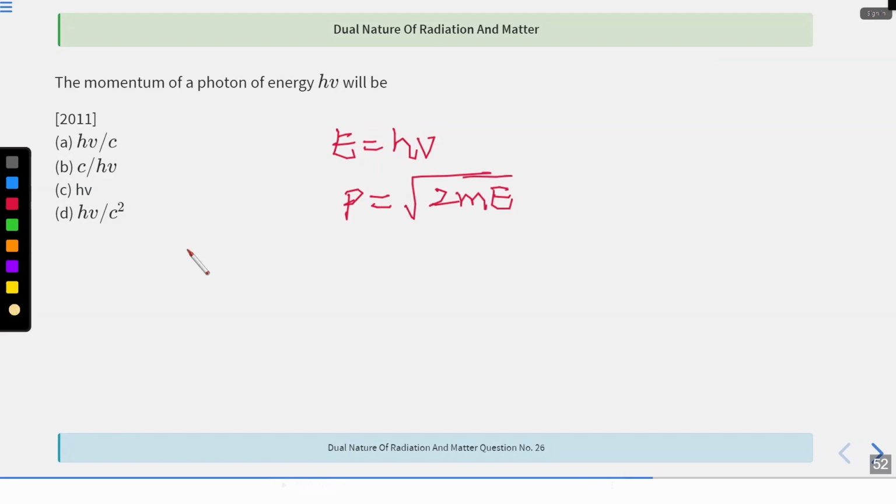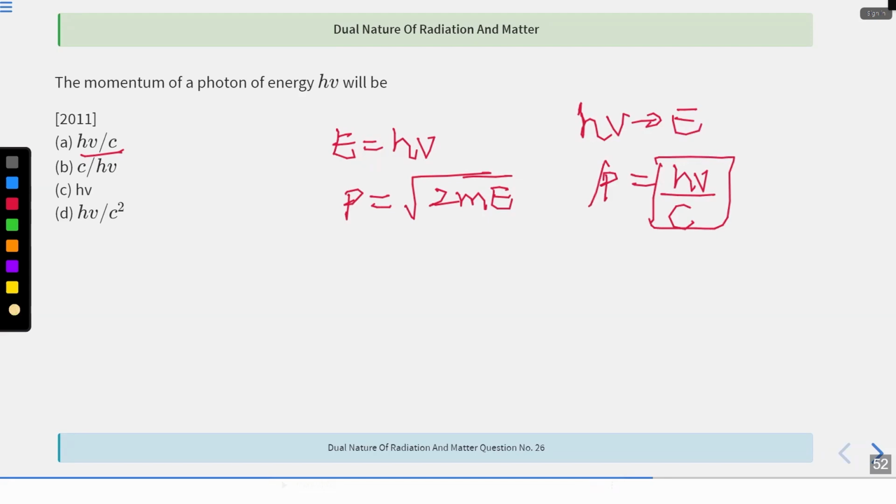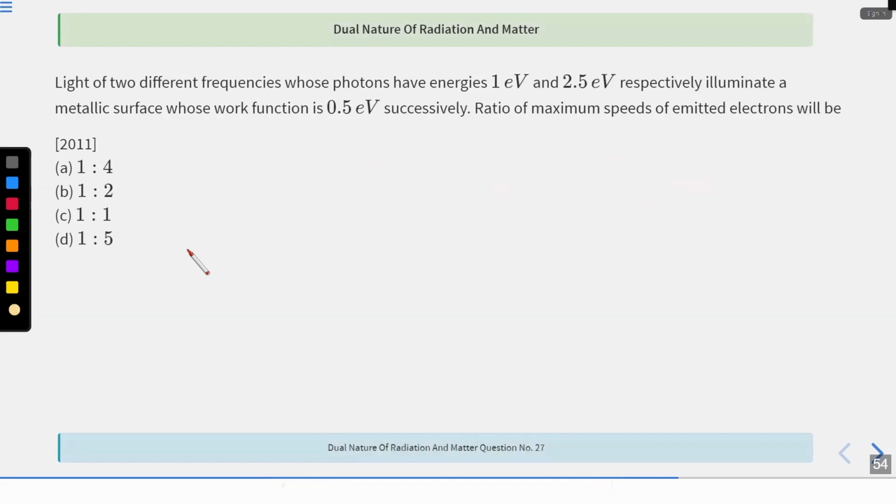But then we have our hν and c, and we know that if this is the energy, then our momentum is nothing but hν by c, right? So with this, our option A is the correct answer. Let's move on to the next question.